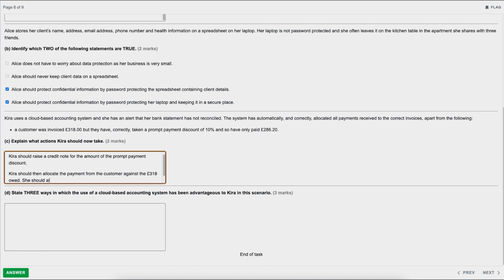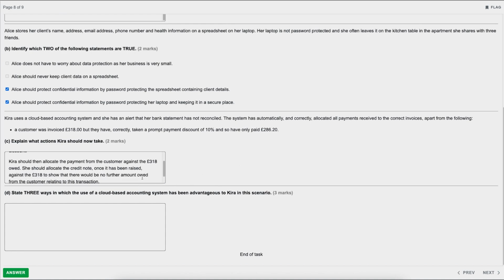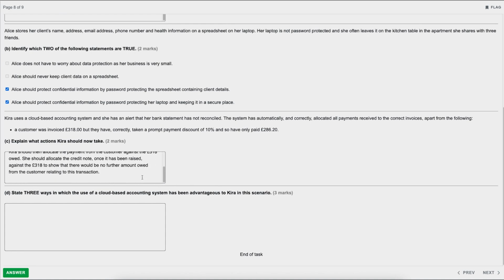She should then allocate the credit note once it has been raised against, if I could spell, against the £318 to show that there would be no further amount owed from the customer relating to this transaction. Okay, so 2 marks, and we've made 2 points there to show how she should deal with it.